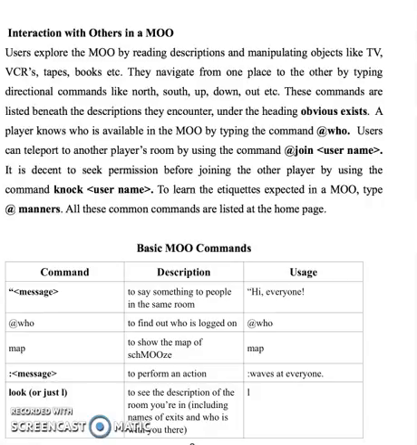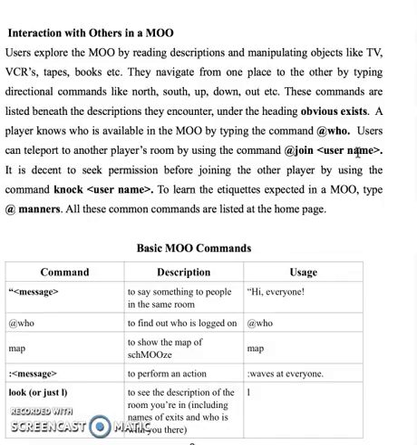A player knows who is available in the schMOOze by typing the command @who. Users can teleport to another player's room by using a simple command @join and by giving the name of that user.